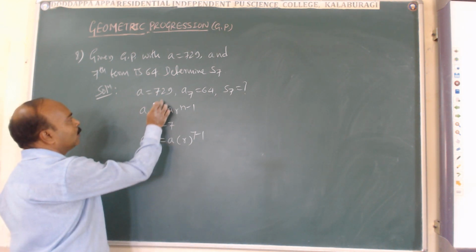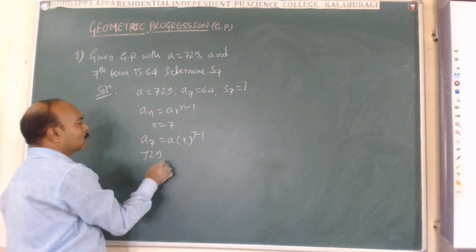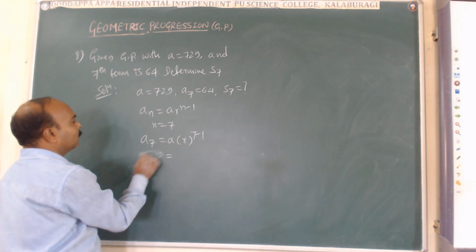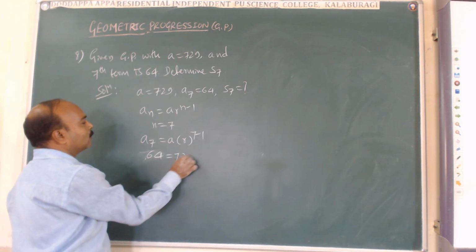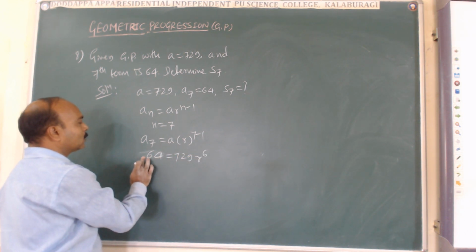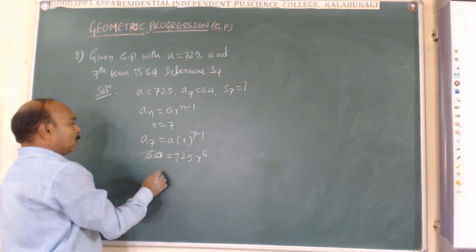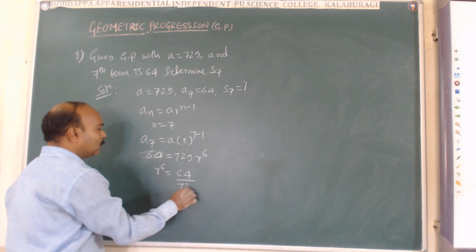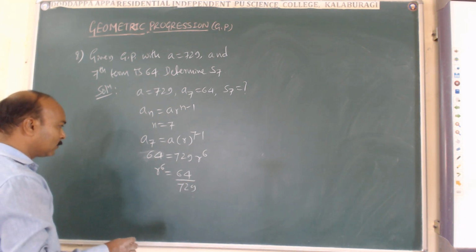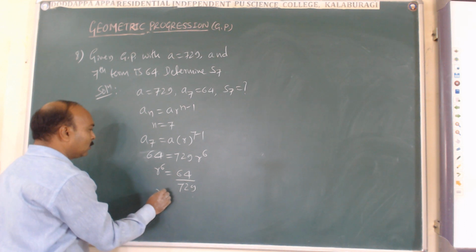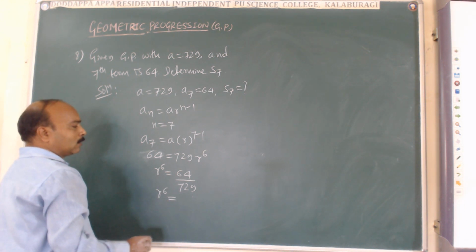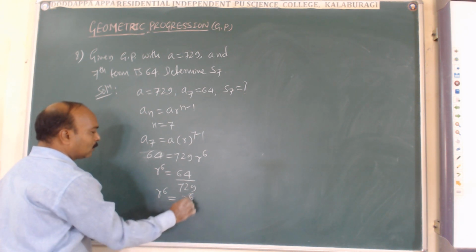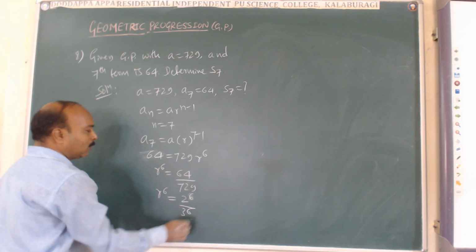Now a7 value given already is 64, and a is 729, so 64 = 729 into r^6. Here r^6 = 64/729. So r^6, 64 is nothing but 2^6, and 729 is nothing but 3^6.